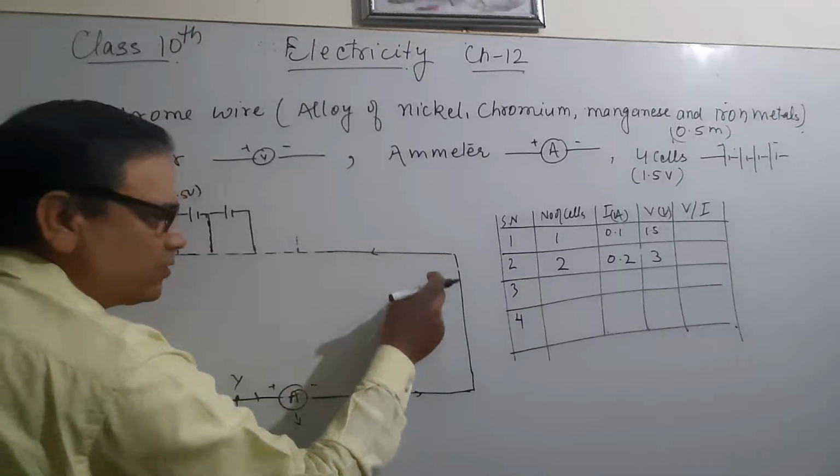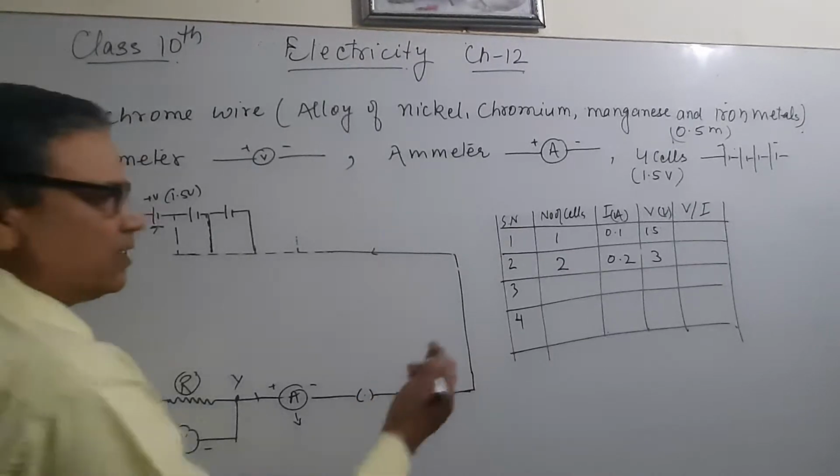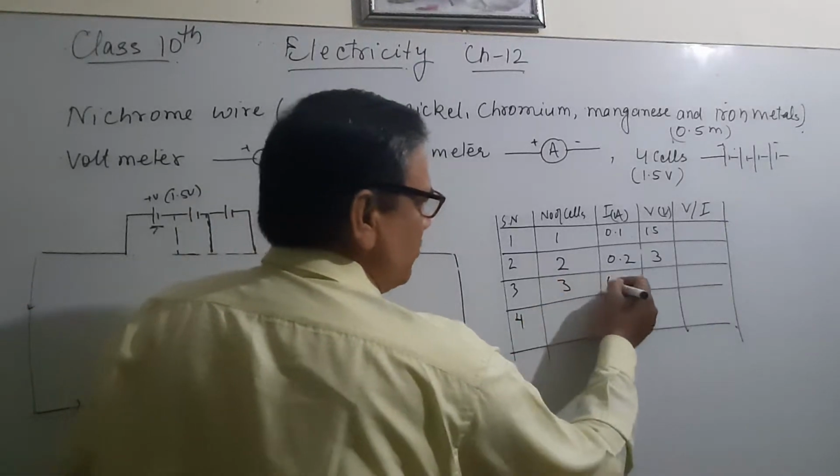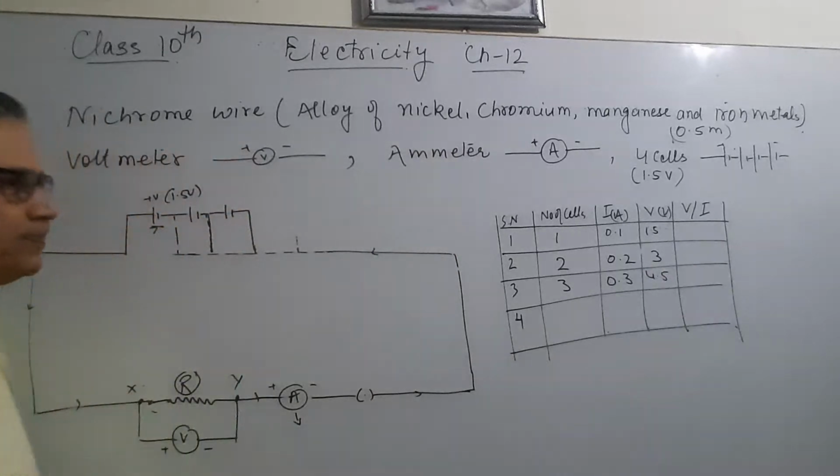When 3 cells are used, he again noted down the reading on the ammeter. He observed the reading is increasing. We are assuming the reading was 0.3 for 4.5 volt. We are just approximately assuming it.